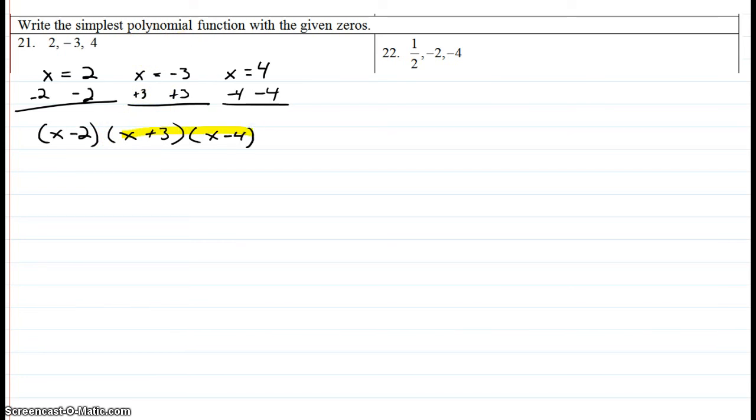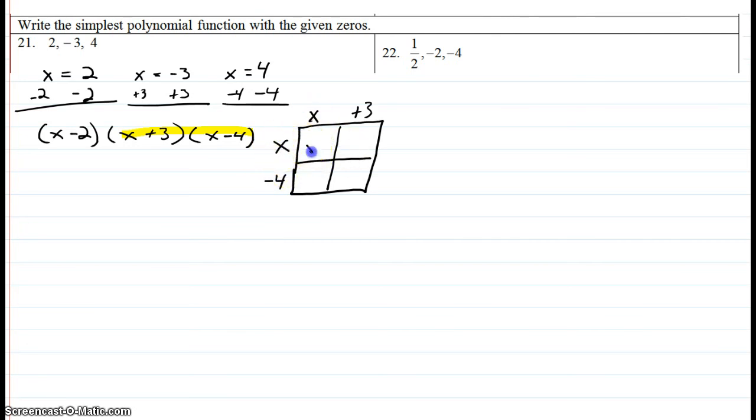So if you want to use the box method, you can. If you want to distribute, you can. Doesn't really matter to me. Alright, so let's do x plus 3 here, x minus 4 here, and now let's fill in the boxes.